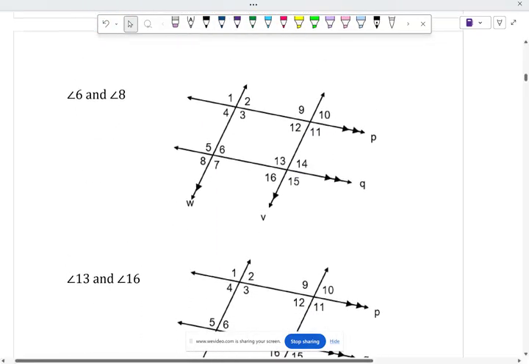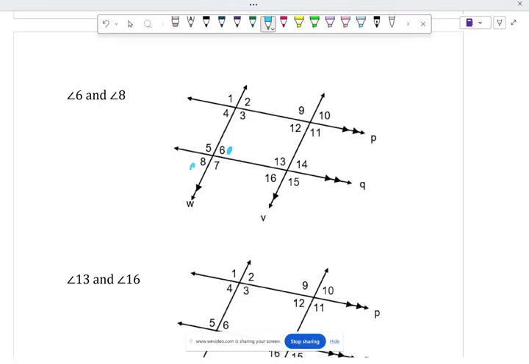Right, the next angle pair that we have to identify are angle 6 and angle 8. Here's 6, here's 8. They're in the same little cluster of angles. So that means they're either a linear pair or vertical angles. Angle 6 and angle 8 are directly across from each other. That means they are vertical angles.